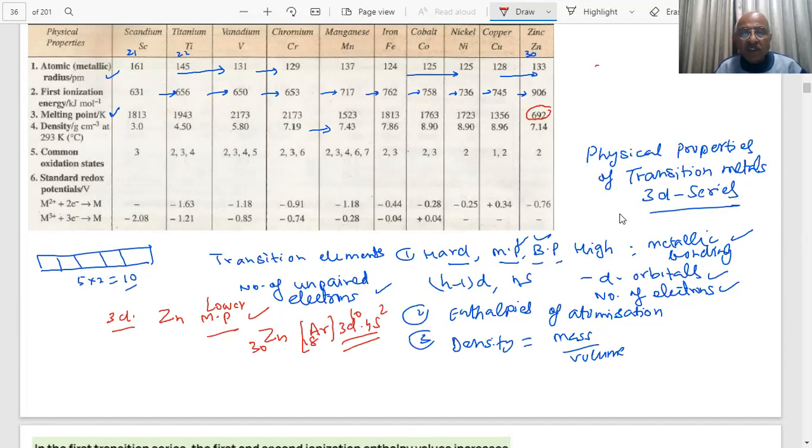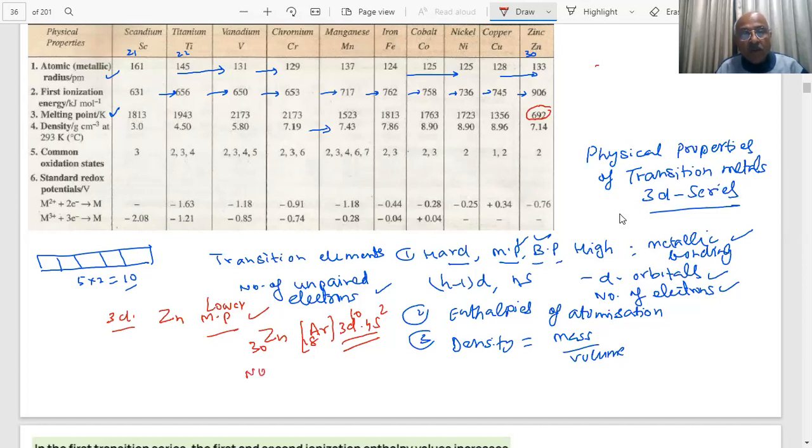As you can see, zinc is not even considered a transition metal. Why? Because the d orbital is completely filled, and therefore there are no unpaired electrons. Therefore, the metallic bonding is weaker in the case of zinc, and the result is that zinc has a lower melting point as compared to others, and also a lower enthalpy of atomization, due to the completely filled d orbital.